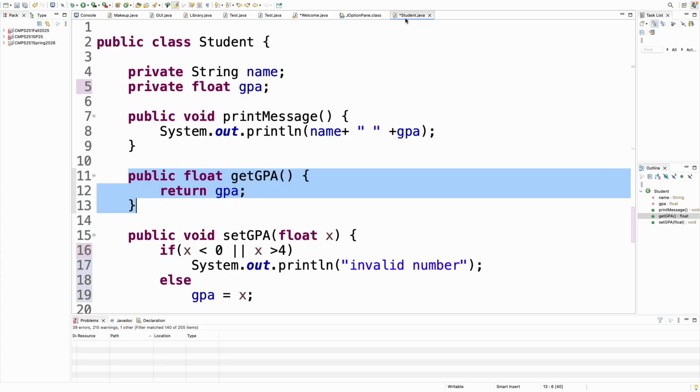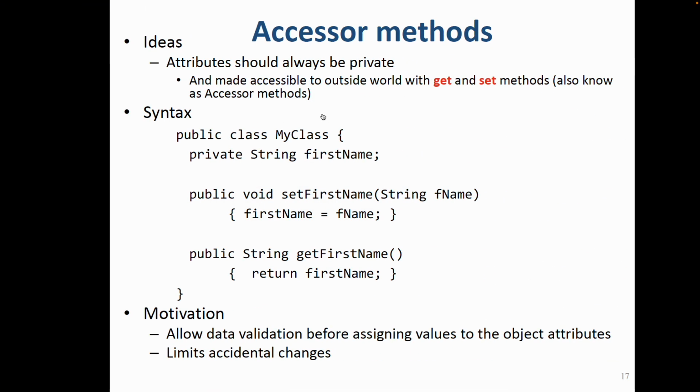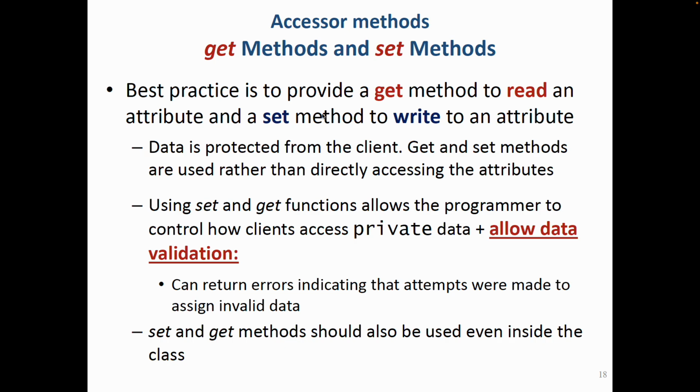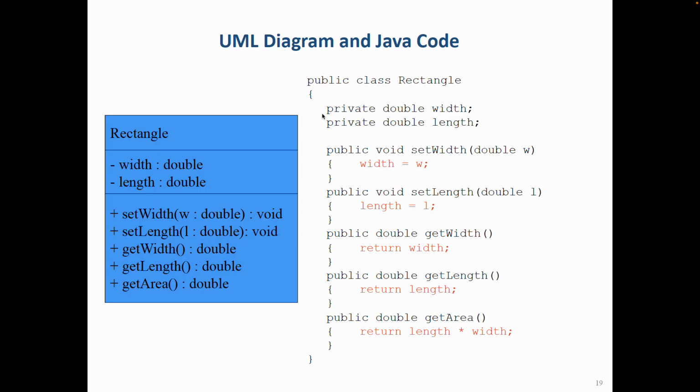So this is a very specific term. When we say implement getters and setters, this is what it means. I'm just checking if I missed anything here. I think no, yeah.